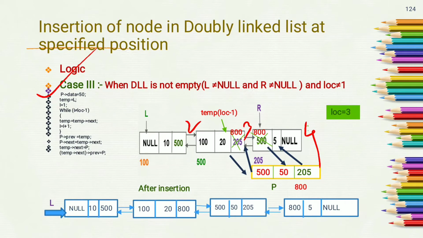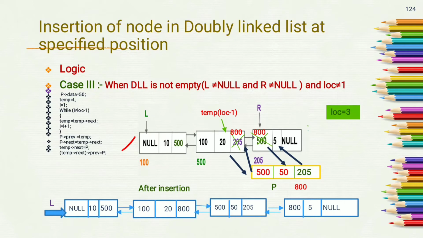So we assume that the value of location is not 1 but it should be less than or equal to the length of the doubly linked list plus 1.